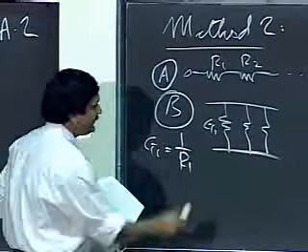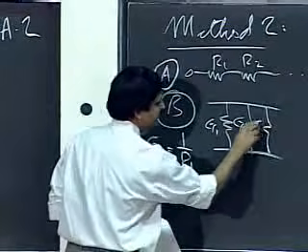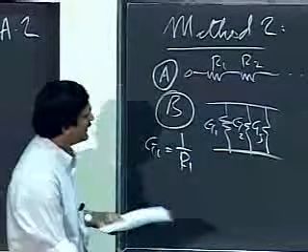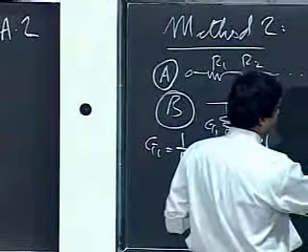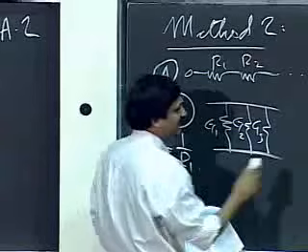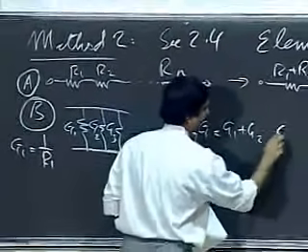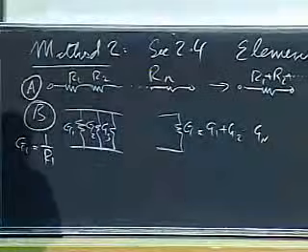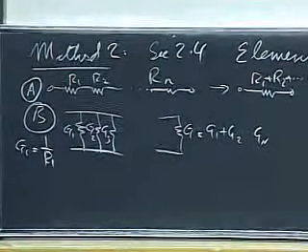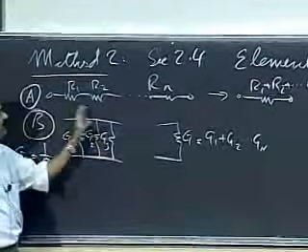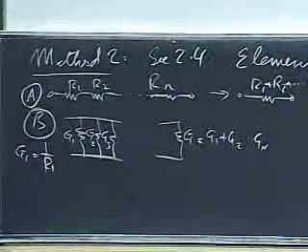Okay? So let's say the conductances are G1, G2, and G3. Then effectively, this is the same as having a single conductance whose effective value is given by the sum of the conductances. Okay? Conductances in parallel add, and resistances in series add.